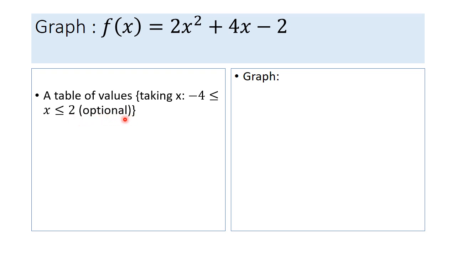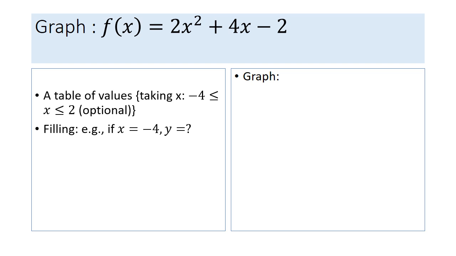This is optional, because whatever you can take your range, maybe from -2 to +2, or from -2 to +5, and so on. My choice here is according to my equation. I've taken this because I want to see a certain appearance of my graph.